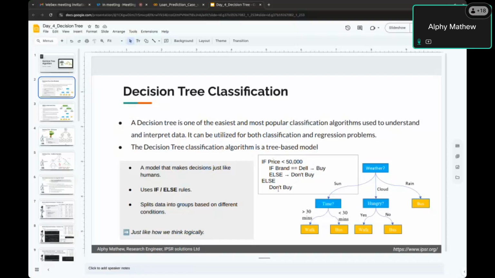Like this, we will frame if-then rules with the help of decision trees. We will create decision trees, which are a tree-like data structure. From that tree-like structure, we will find if-else rules, and using those rules, we will classify the objects.